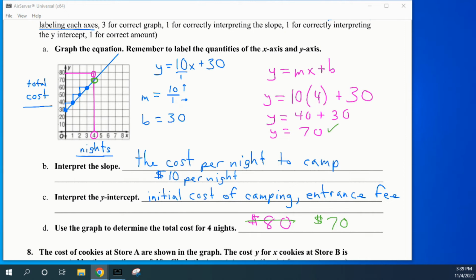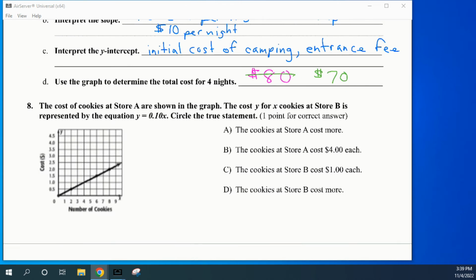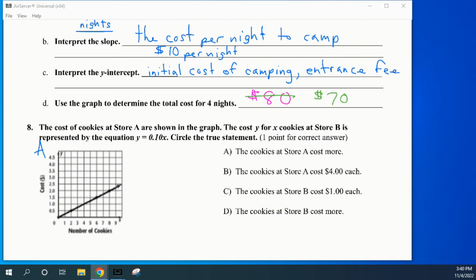Number 8. This one is the one that you guys had not seen before, but you know how to do all of it. In class, we talked about making sure that both of your pieces of information are in the same form. What I mean by that is store A is in the graph, store B is given by the equation y equals 0.10x.